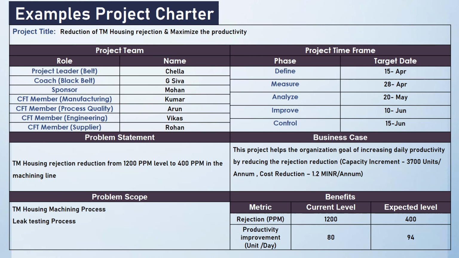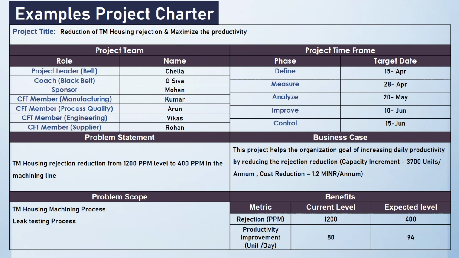So we get a cost reduction of 1.2 MINR per annum. These values, especially the cost reduction value, should be evaluated and approved through the finance department. This is what is followed in the majority of Six Sigma driven companies.